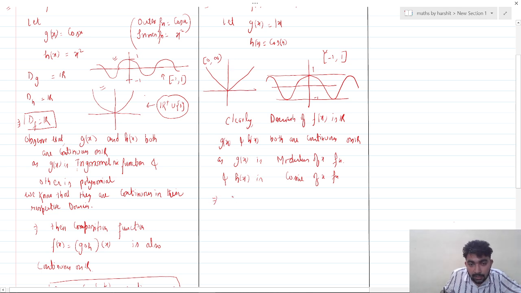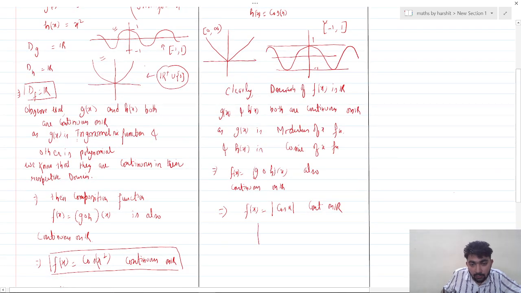It implies that f of x equals g of h of x is also continuous on R. It implies that f of x equals mod of cos x is continuous on R.